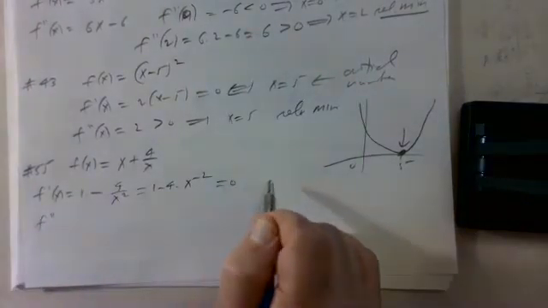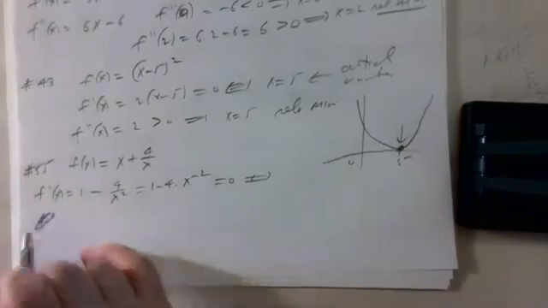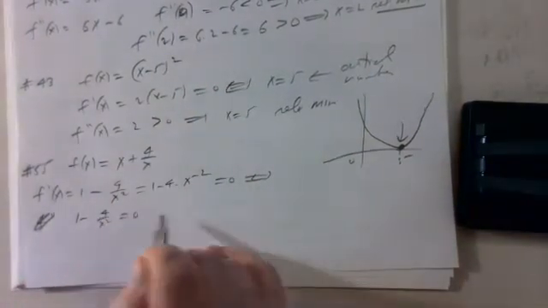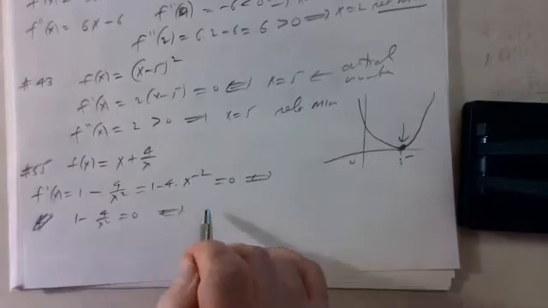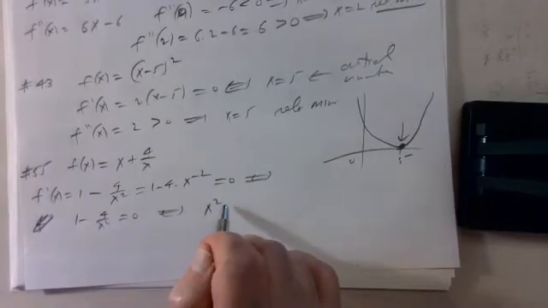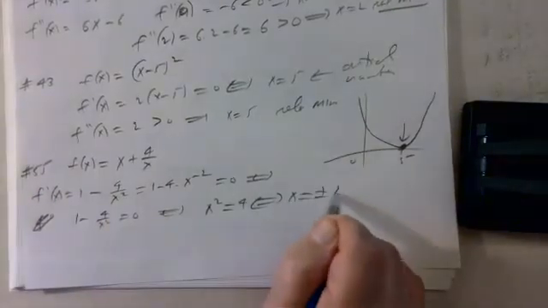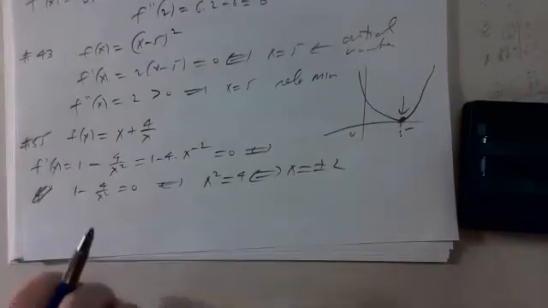This equals 0 if and only if 1 minus 4 over x squared equals 0, which is the same as x squared equals 4, or x equals plus or minus 2. So we have two critical points, plus 2 and minus 2.